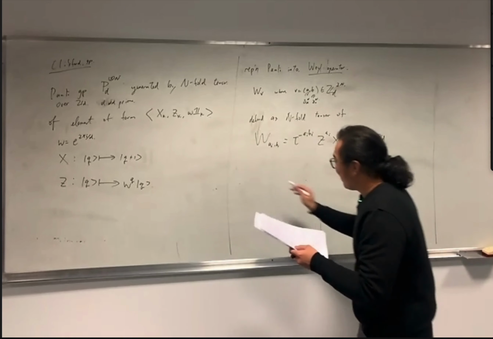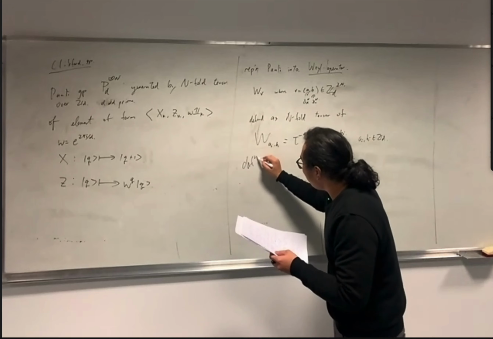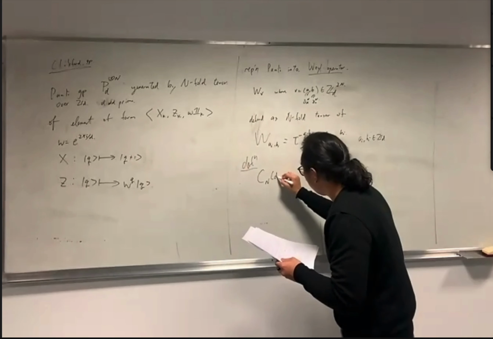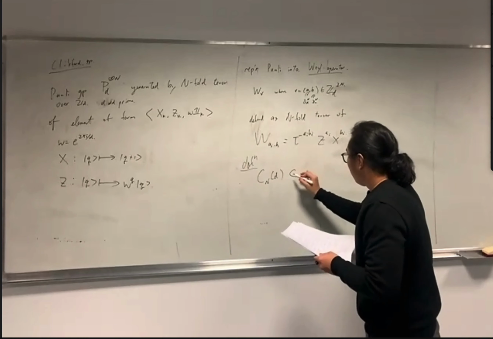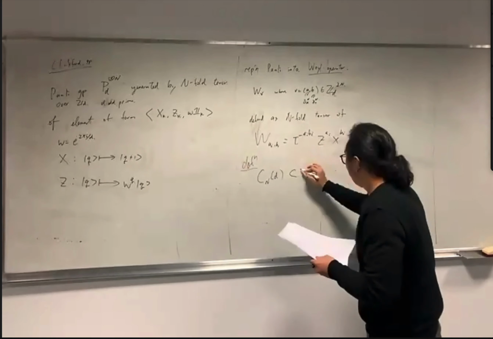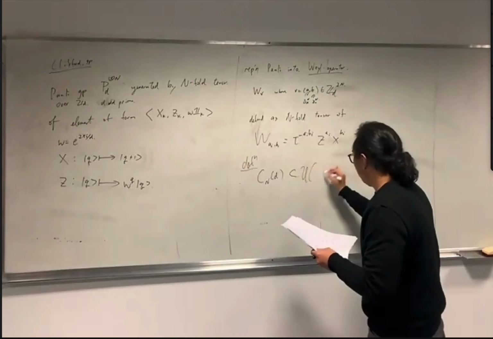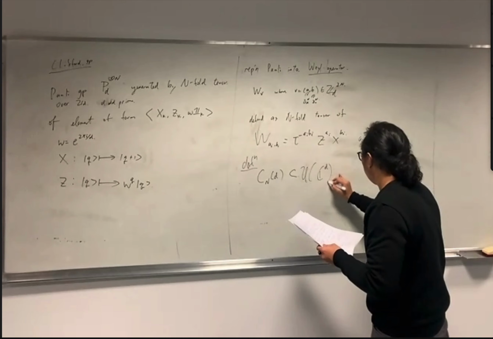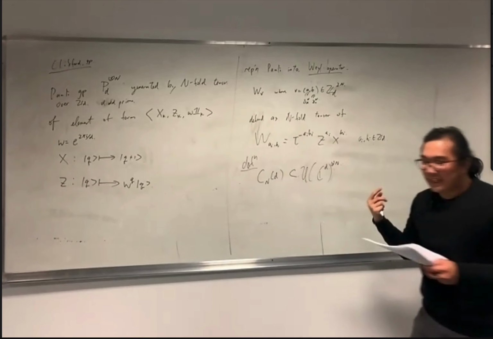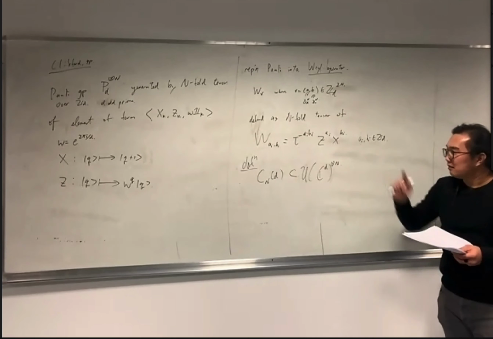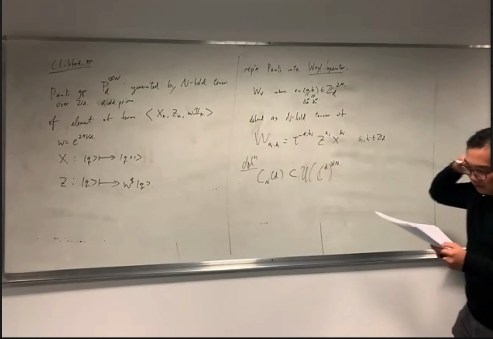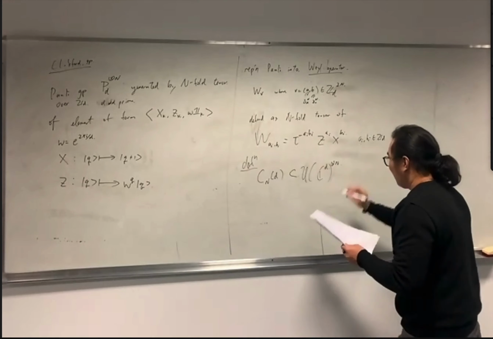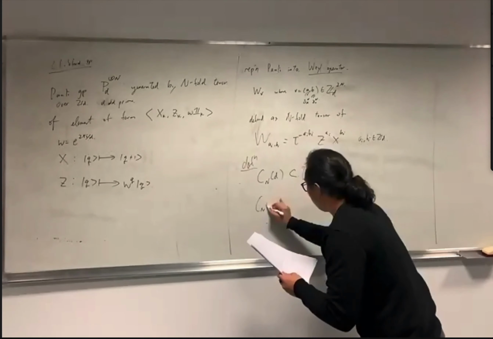Okay, now the definition of the Clifford group is as follows. The Clifford group, we denote by that. It is some subgroup or some subset of the unitary of set D, some n tensor of some unitary group over complex to D power. Okay, and the definition is as follows.